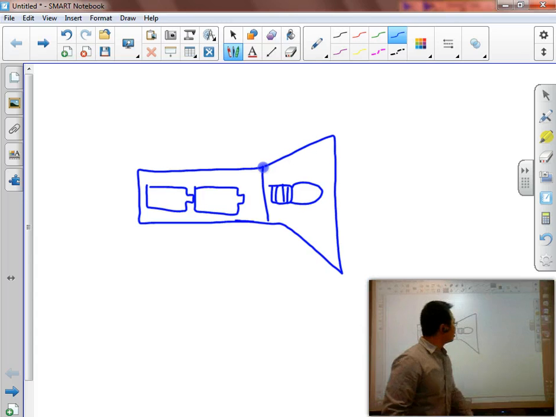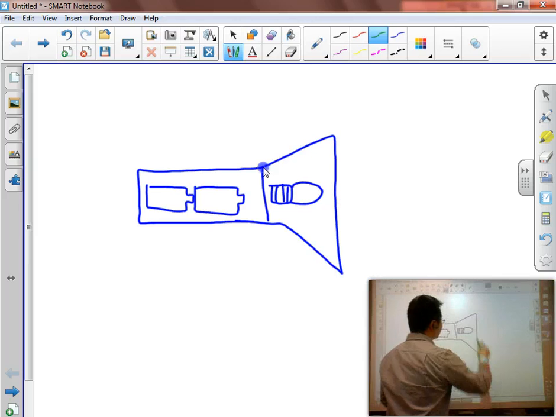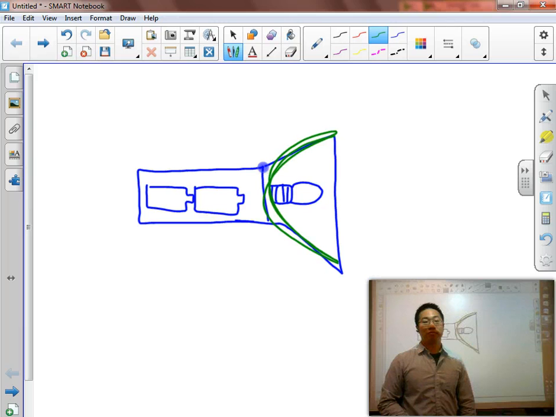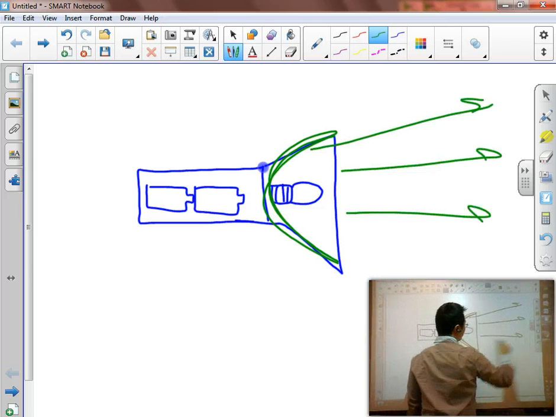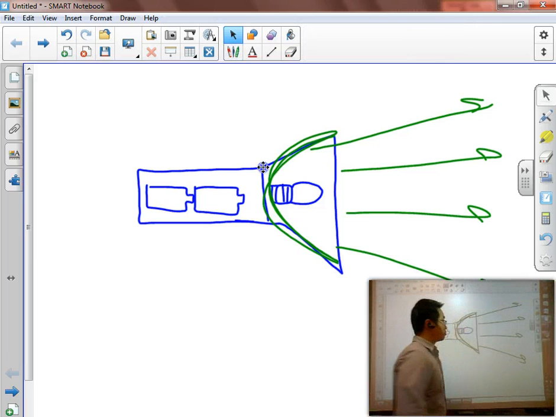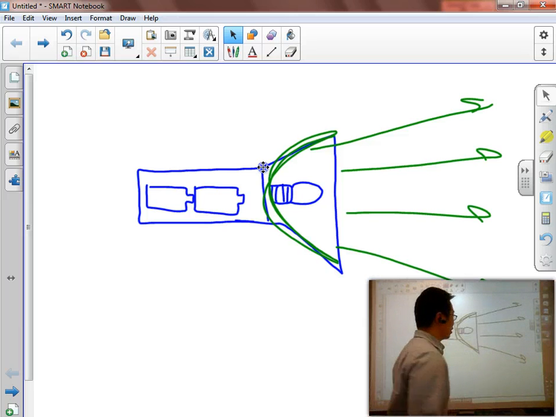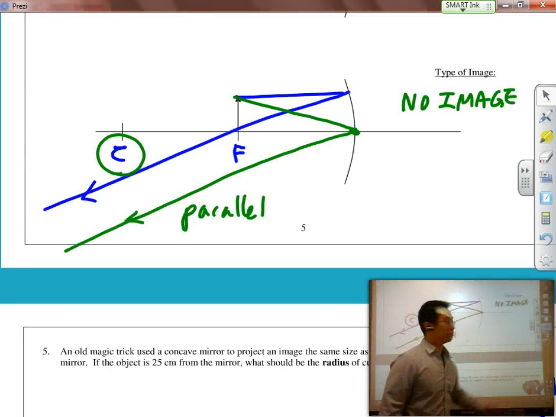A little bit too detailed. But the fact is, all we have is a concave mirror. And the bulb is actually placed at the focal point of that concave mirror. So all the light that goes out gets generated out without ever creating an image of the bulb, because no image will be created when the object is placed on the focal point. And again, car headlights work this exact same way. So, no image.